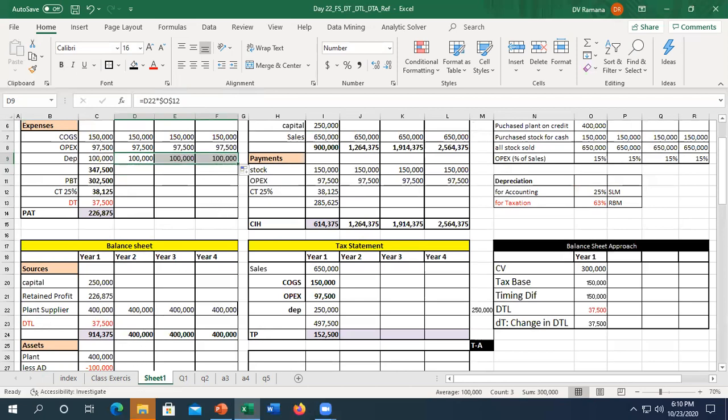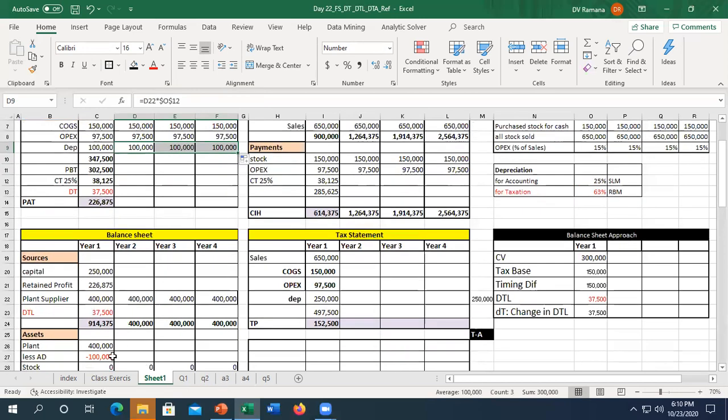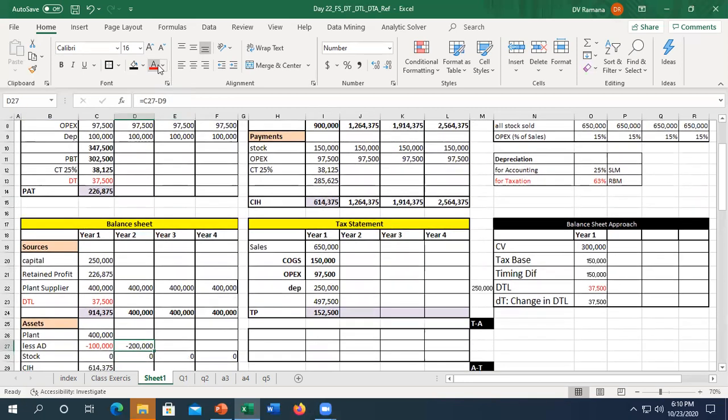As a result, the accumulated depreciation year after year increases by the depreciation for the year. So we can see that the carrying cost of the asset is falling to the extent of depreciation. For this, we assume no impairments, no revaluations.